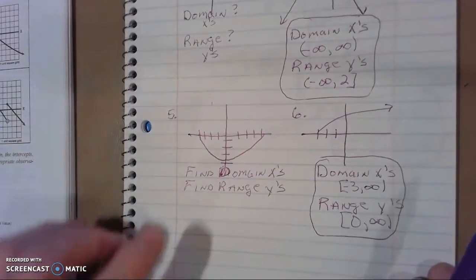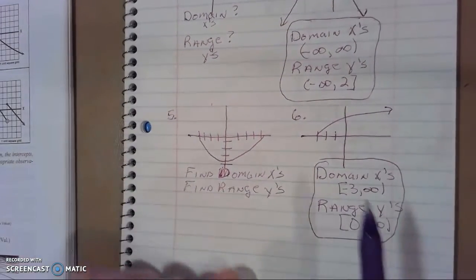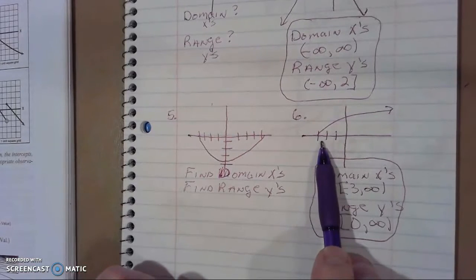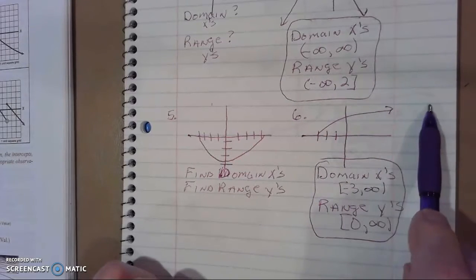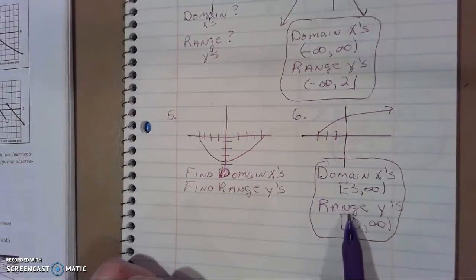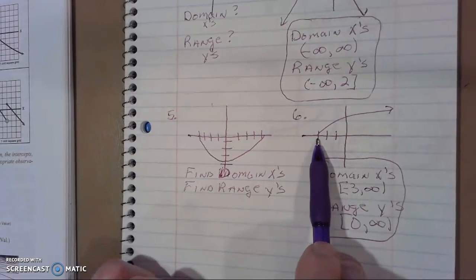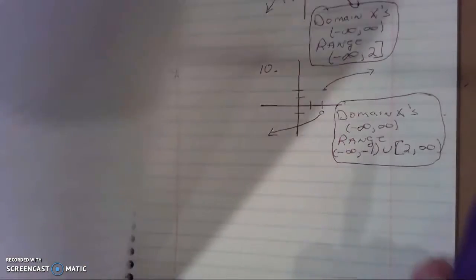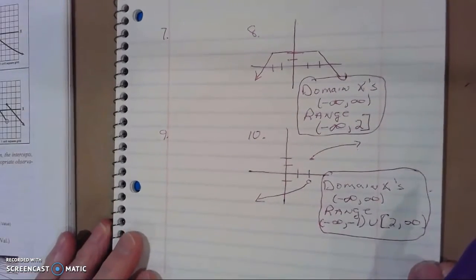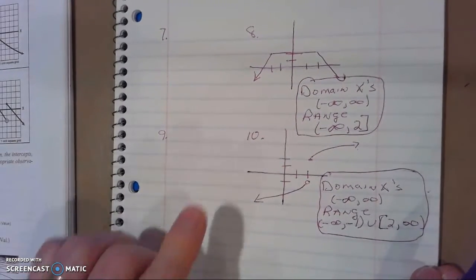Number 5, I've shown here roughly. Number 6 starts at -3. So the domain starts at -3, bracket -3, and then it goes forever to the right, so that's infinity. The range, the y coordinate, starts at 0, goes up to infinity in this way. 7 I didn't draw. 8 I made a rough draft of it.